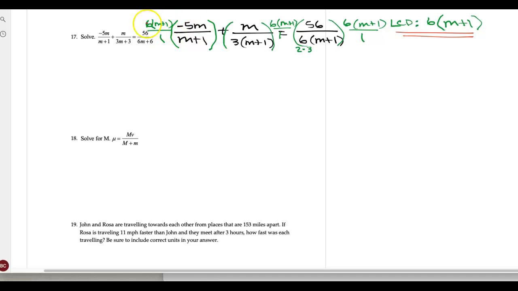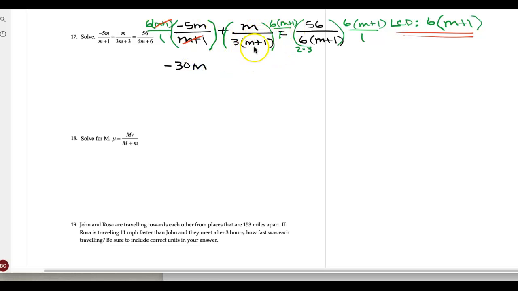Just looking at these first two things here, that m plus 1 divides out, and I'm just left with 6 times -5m. Well, 6 times -5m is -30m. Let's move to the second term.